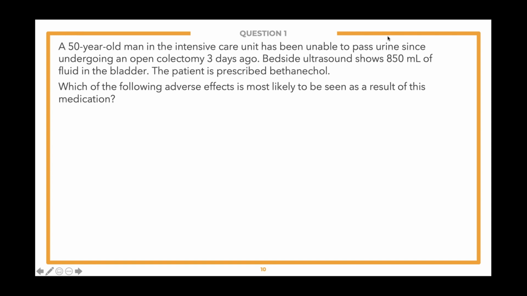Second, we want you to read the lead-in. This way, when you're reading the lead-in, you're able to drill into the things that you're going to need to be looking for information about. In this case, the lead-in, which is the actual question within each item, is: which of the following adverse effects is most likely to be seen as a result of this medication?